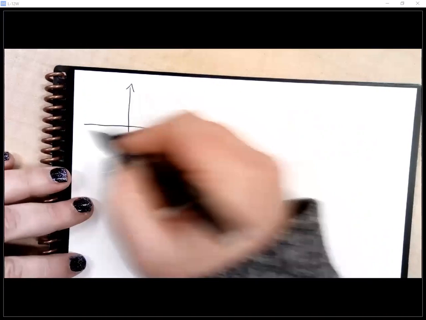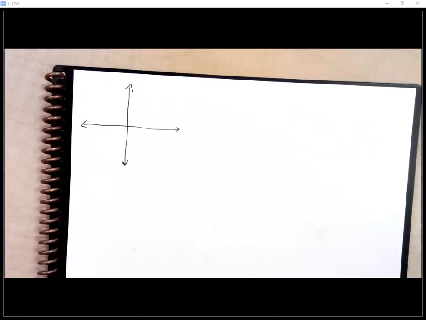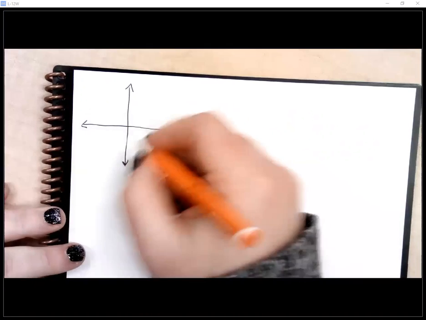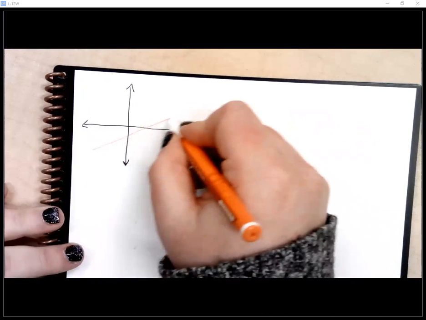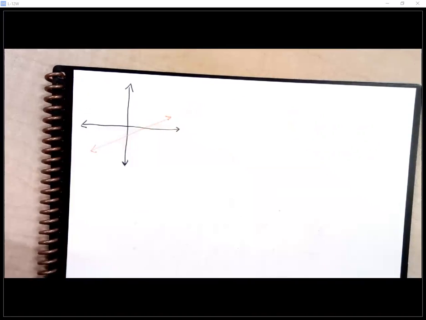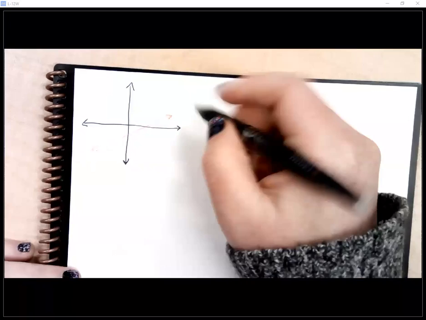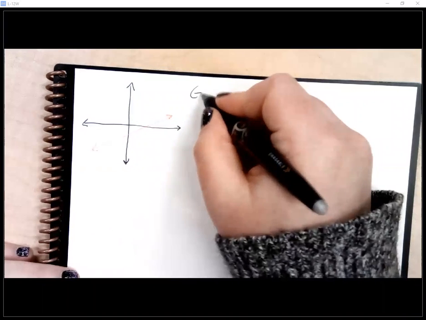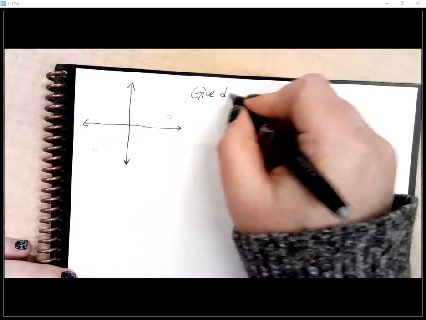We'll start with just a straight line, okay? So if here is my coordinate plane, and here is just some random line, and you were asked to give the domain and range of this line.